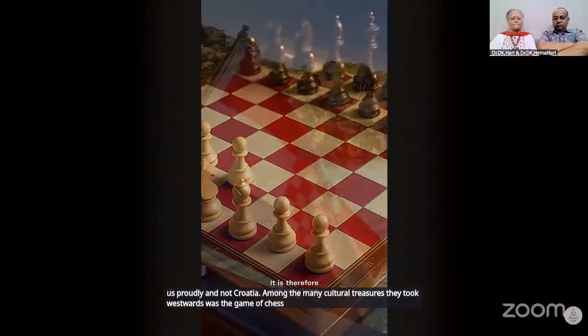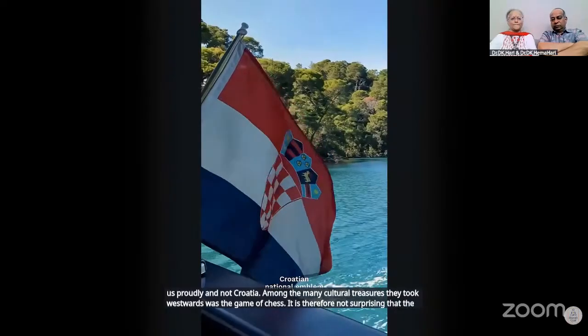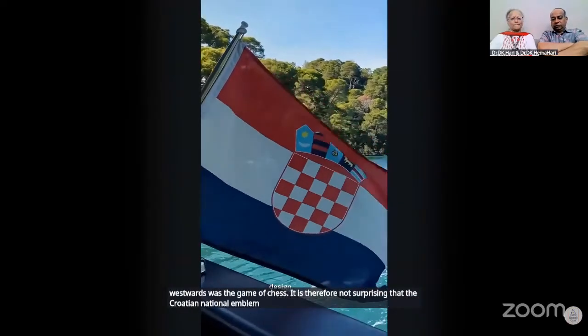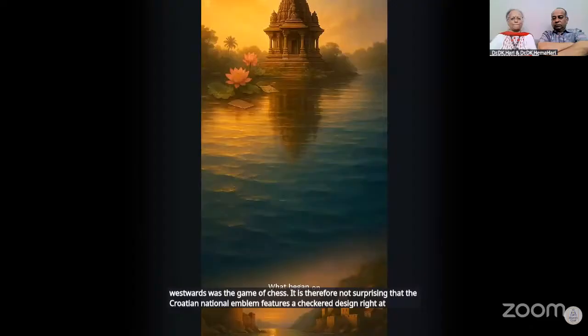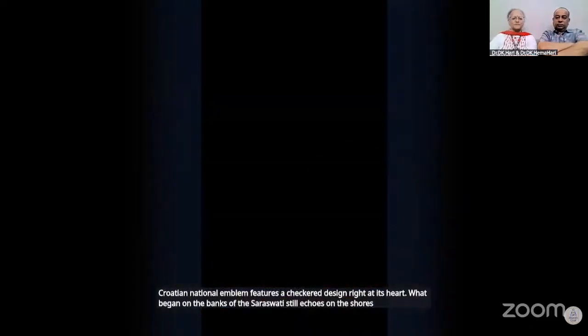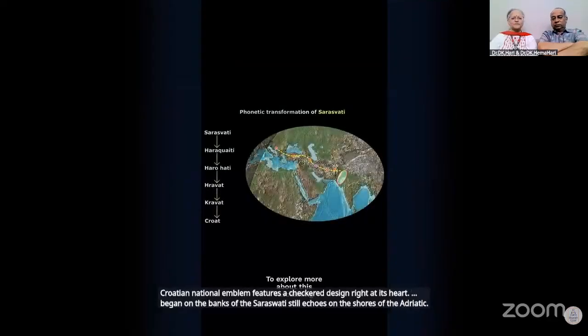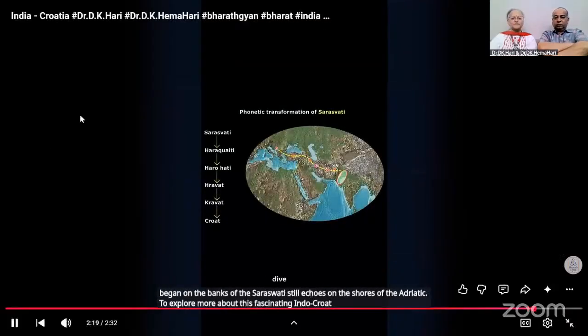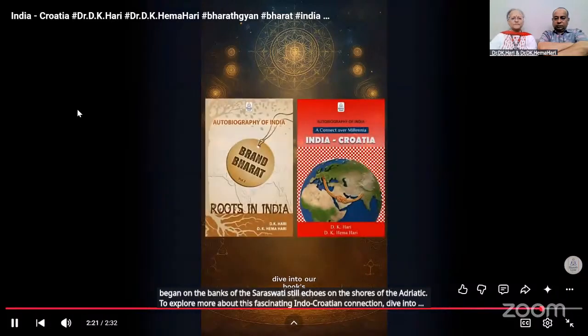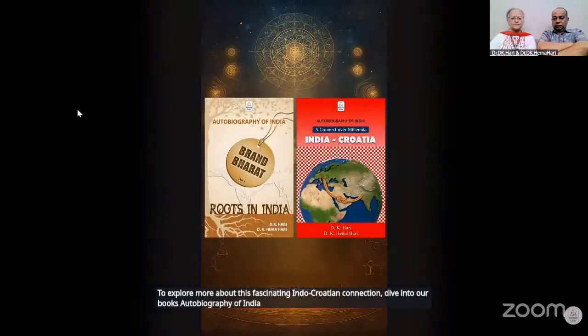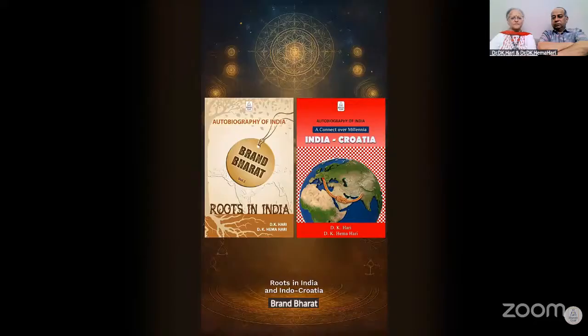It is therefore not surprising that the Croatian national emblem features a checkered design right at its heart. What began on the banks of the Saraswati still echoes on the shores of the Adriatic. To explore more about this fascinating Indo-Croatian connection, dive into our book's Autobiography of India, Brand Bharat, Roots in India and Indo-Croatia Connect.